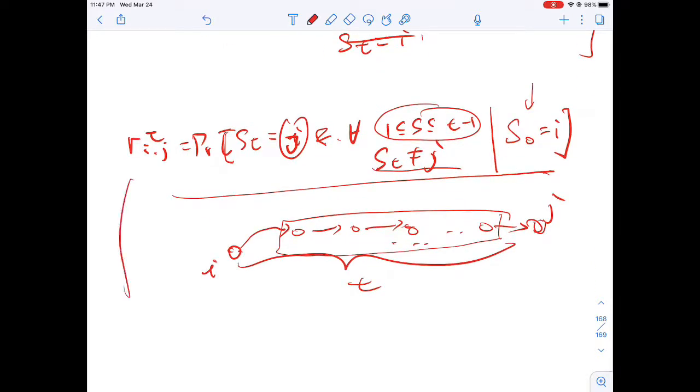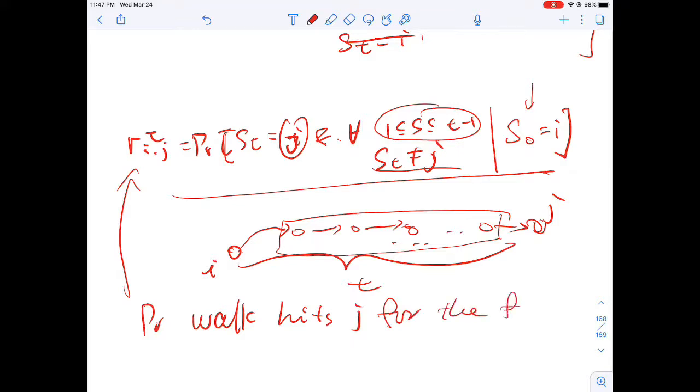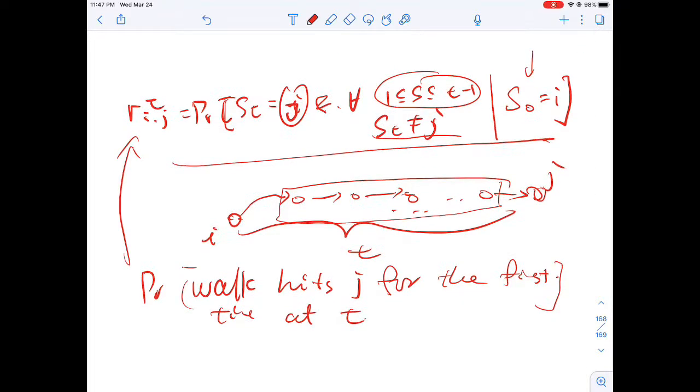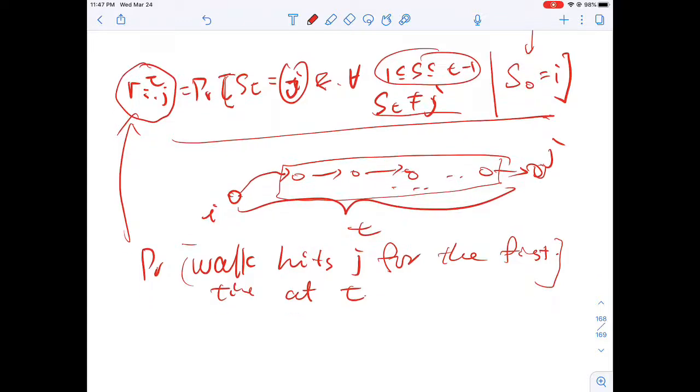That literally translates to the probability that this walk hits j for the first time at time t. This is the definition of R_ij(t).